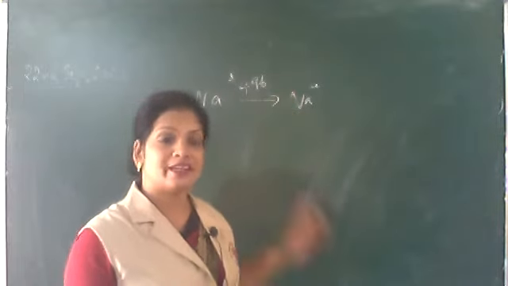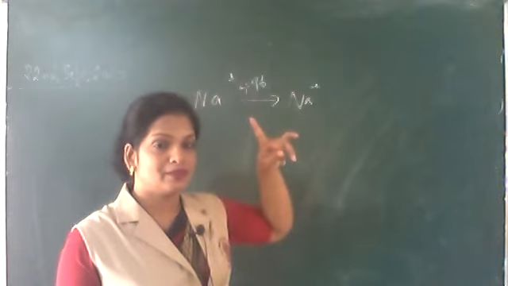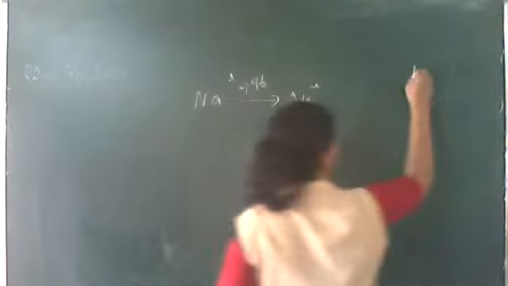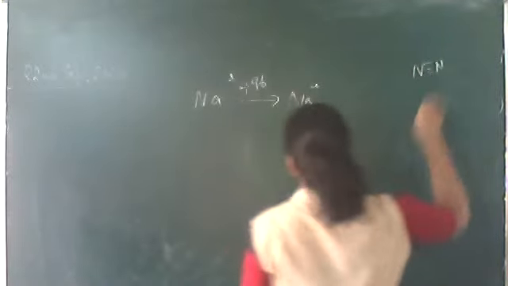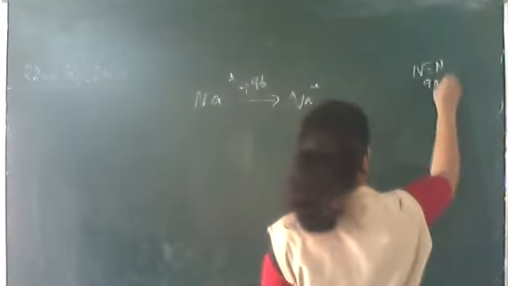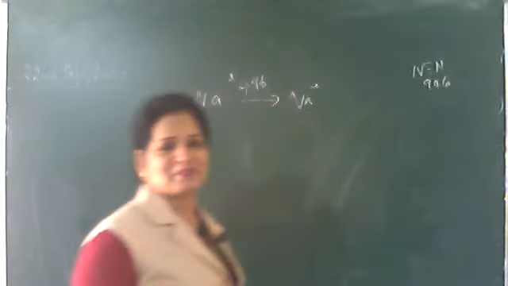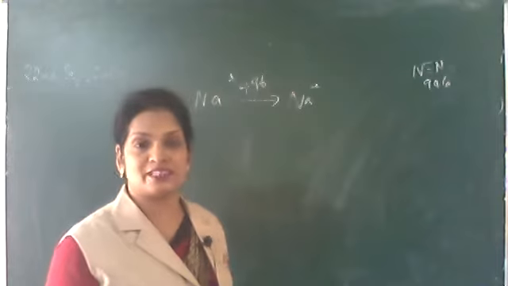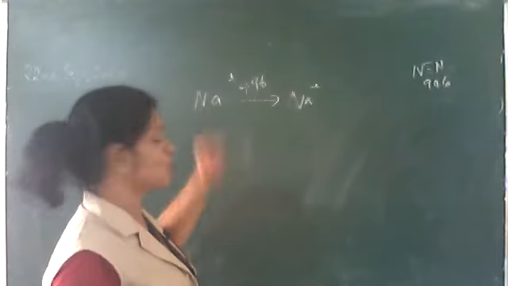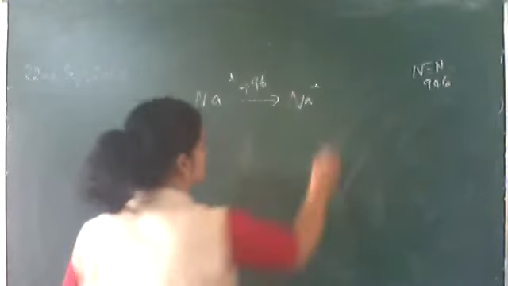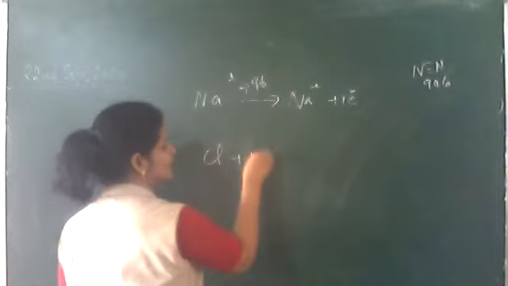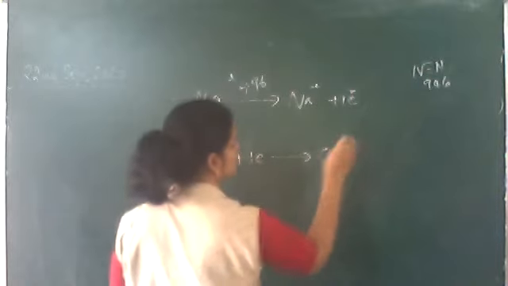The 946 is the triple bond enthalpy of N≡N; the numbers are similar. So 496 kilojoules of energy is required to convert Na to Na+, meaning one electron is removed. Now the Cl atom takes one electron and Cl- is formed.